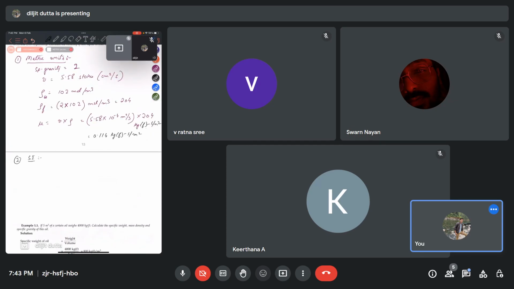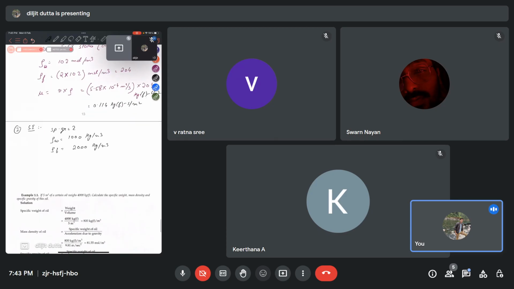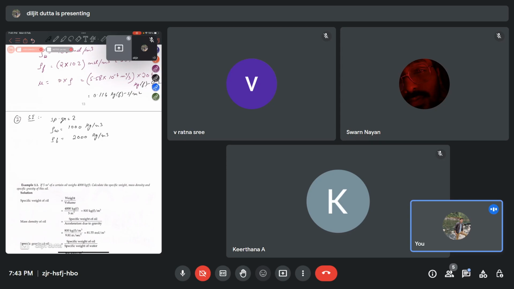Now secondly, SI unit. In SI unit it is very simple. Specific gravity equals 2, rho water is equal to 1000 kg per meter cube. So the density of the fluid will be 2000 kg per meter cube, and nu is given as 5.58 into 10 to the power minus 2 meter square per second.